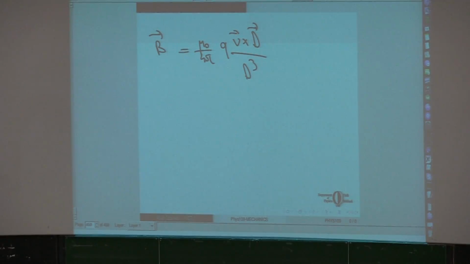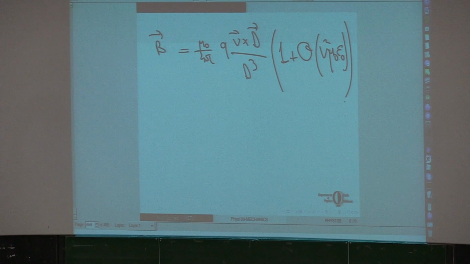Now, the nice thing will be if you calculate the corrections to this one, the correction will be of this order of magnitude. They will be proportional to mu 0 epsilon 0 times the velocity.